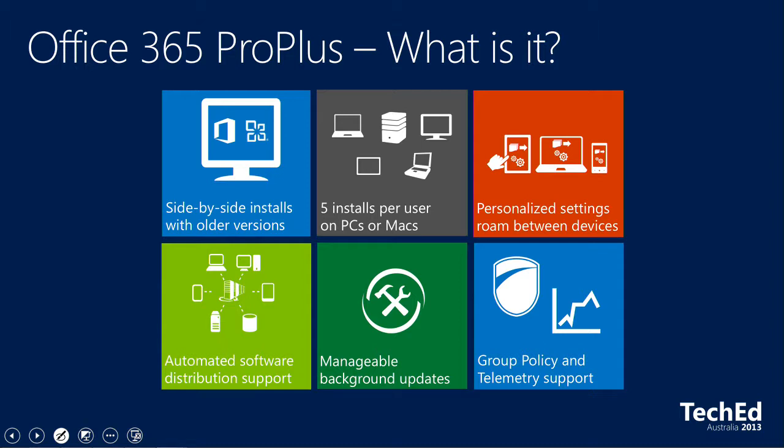This is a great idea, because it means we can encapsulate this Office install inside its own little virtual bubble and stream it down to our end users in a very dynamic fashion. Better yet, we wouldn't have to uninstall the old version of Office, because this App-V bubble would keep it contained from the old version and allow us to run side-by-side versions of Office on the same machine. So the idea behind this is really smart, right?